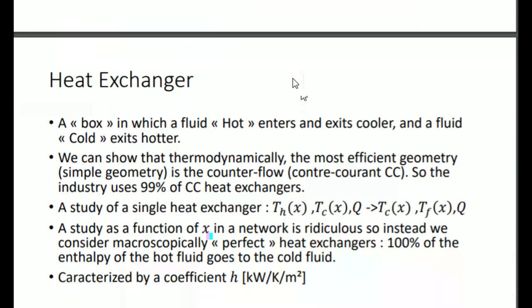And what we do when we study more complex geometries, we turn it as a percentage of the case of counterflow.